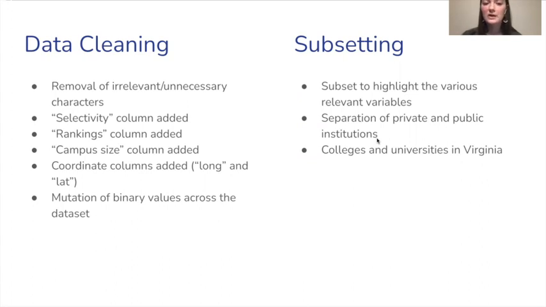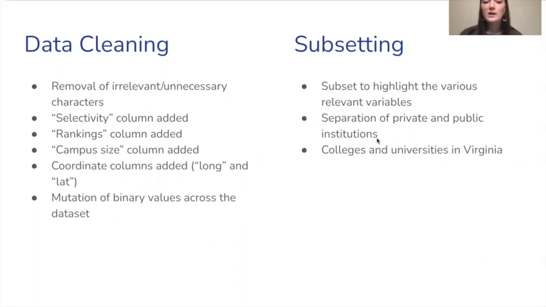We did utilize the mutate function to add a few columns to our data set. As previously mentioned, we added a column named selectivity in order to list how selective an institution was from most selective to minimally selective. We added a rankings column that categorized each institution as being in the top 10, 25, 50, or 650 of the institutions in the data set.